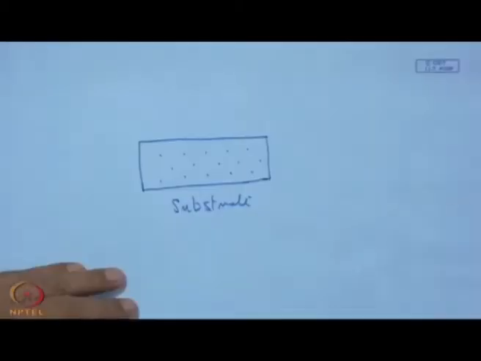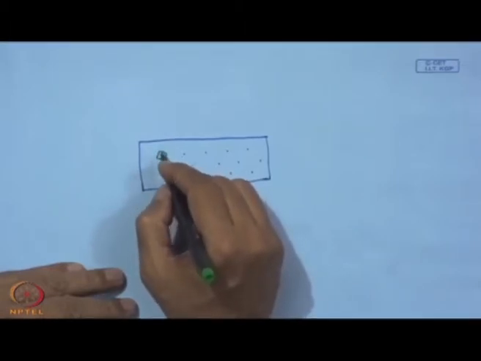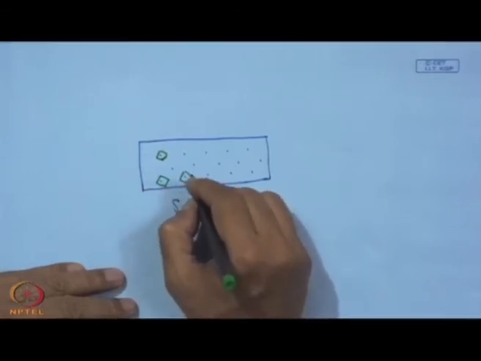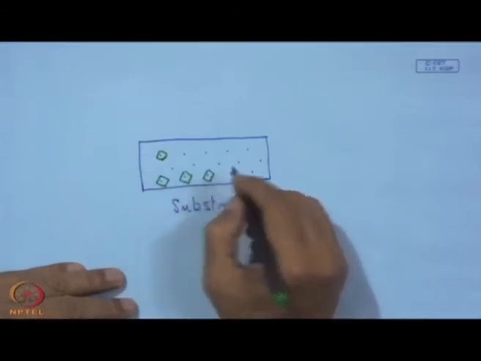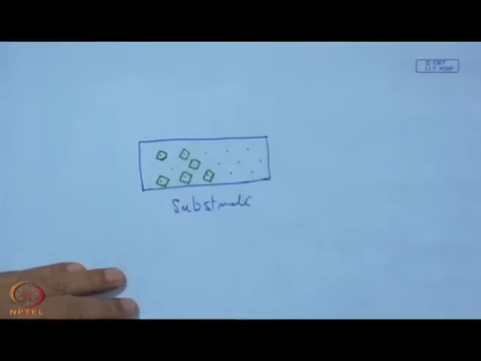So, these can be the sites where we can have this diamond. These are the sites. This way one can also look for some technology.